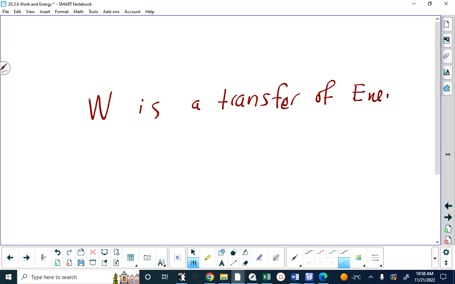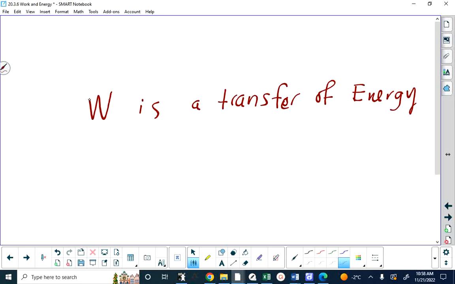And I made a big deal of saying, for example, if I do 100 joules of work to a baseball, I give 100 joules of energy to the baseball. If you're asked how much work is done to this object, another way to answer it is to say how much energy is given to the system.